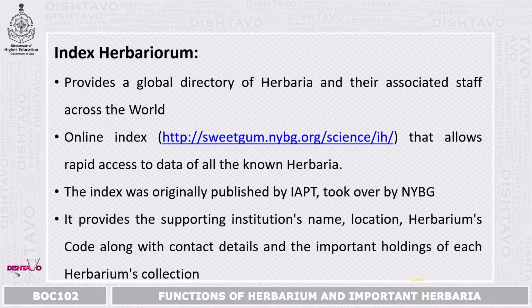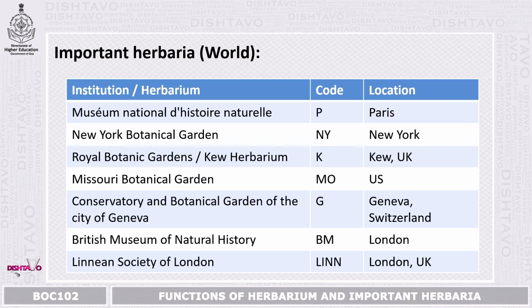Index Herbariorum provides the supporting institution's name, location, herbarium's code, along with the contact details and the important holdings of each herbarium collection. The slide includes some of the important herbaria across the world with the name of the institution or the herbarium, the code, and the location.